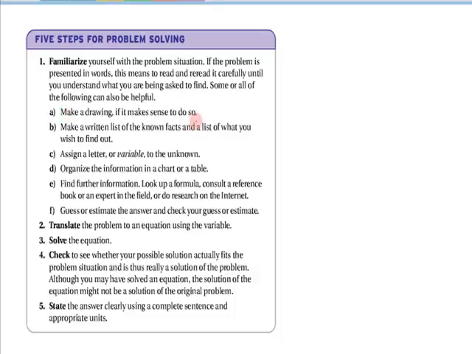It might help you to make a drawing, make a list of facts, assign a letter or a variable to the unknown quantity, organize things in a table or chart, find further information, like look up a formula, and maybe guess or estimate the answer. You will not have to do all of these, but as algebra becomes more complicated, more of these become involved in trying to solve a word or application problem.